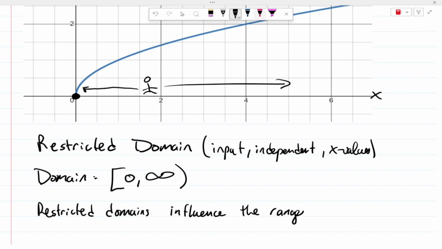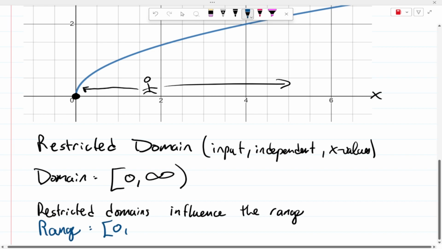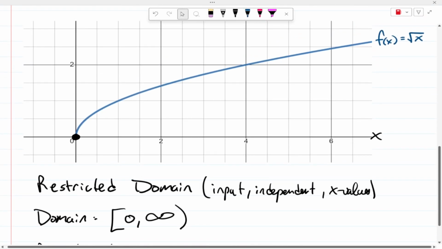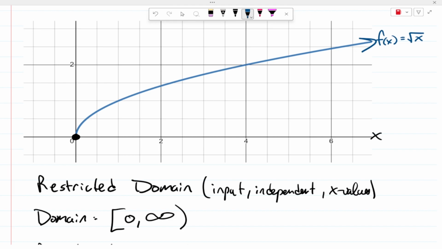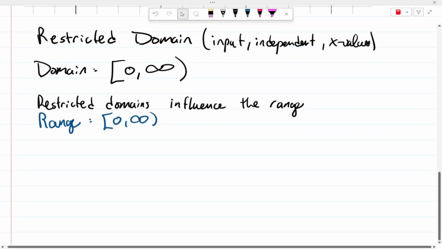And hopefully that makes sense, because when you think of the range, that is the dependent variable. It depends on what x is. So our range in this scenario is also 0 to infinity, because you can see that this blue line is going to continuously get positive in the y direction. It just does it in a very slow manner. So we can kind of think of it this way.